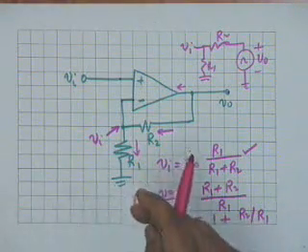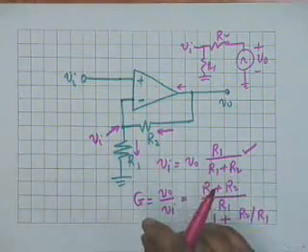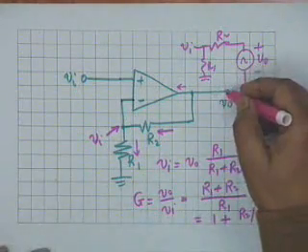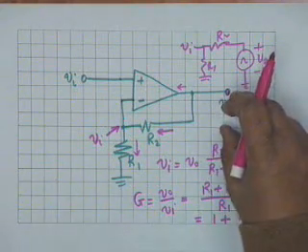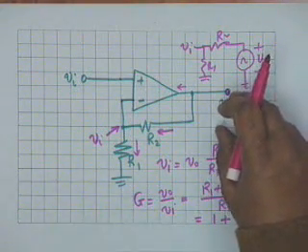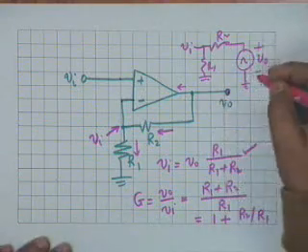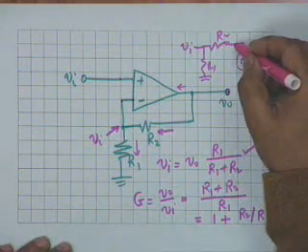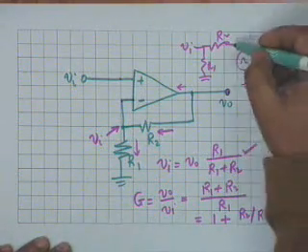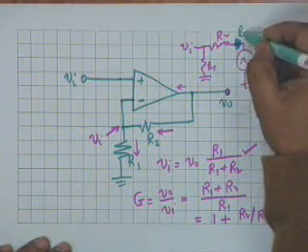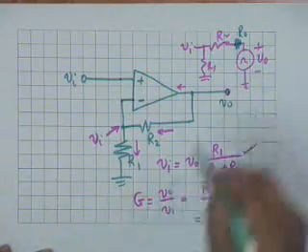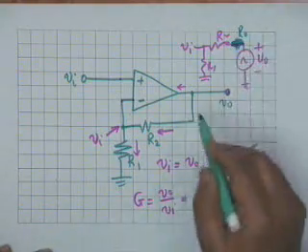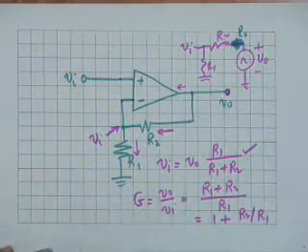The idealness is reflected in three things. One is that as far as the output of the op-amp is concerned, it can be considered as an ideal voltage source. Suppose it was non-ideal, then obviously you should have included here the R0, and then this relation would not have been valid. So it assumes that the output resistance is 0.